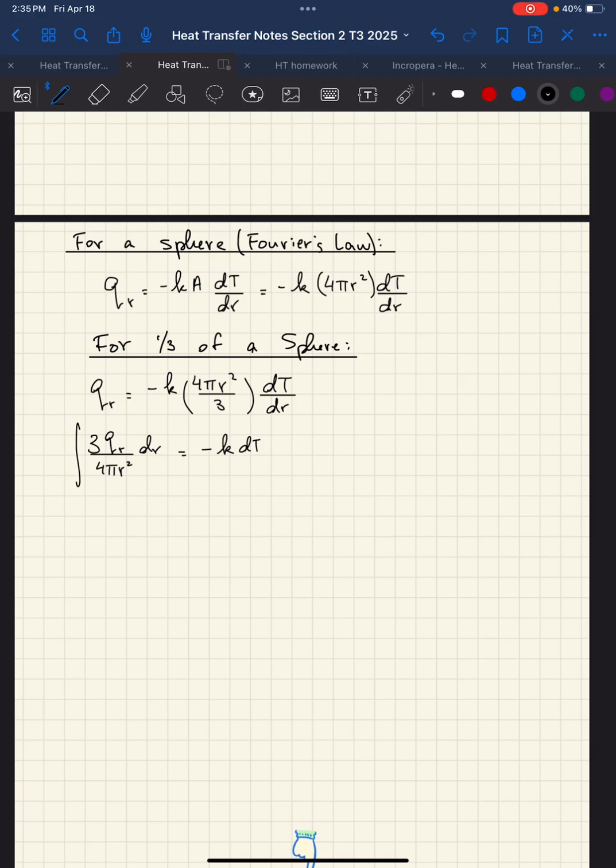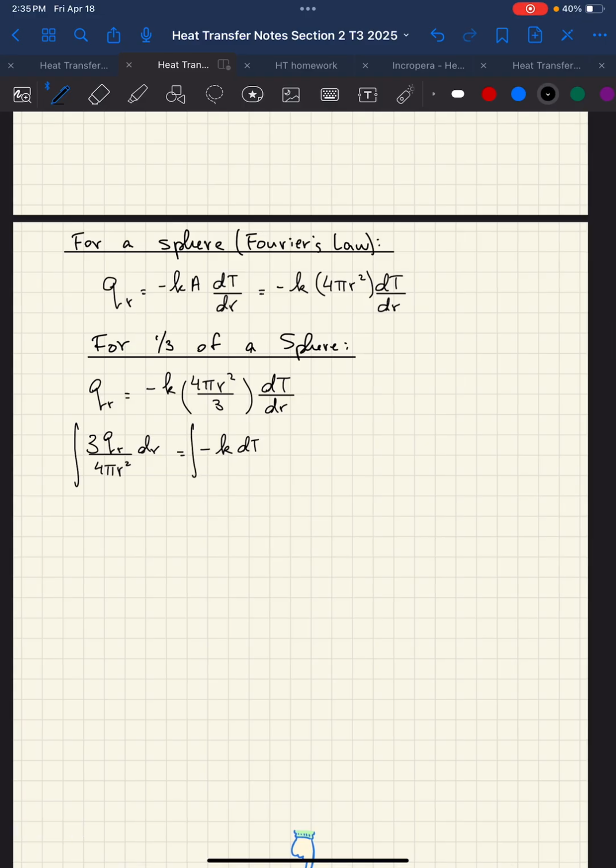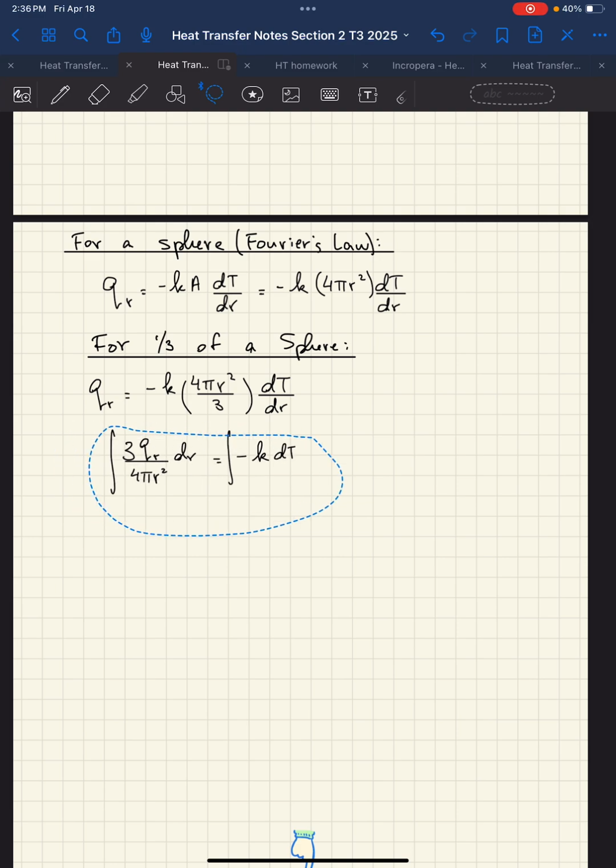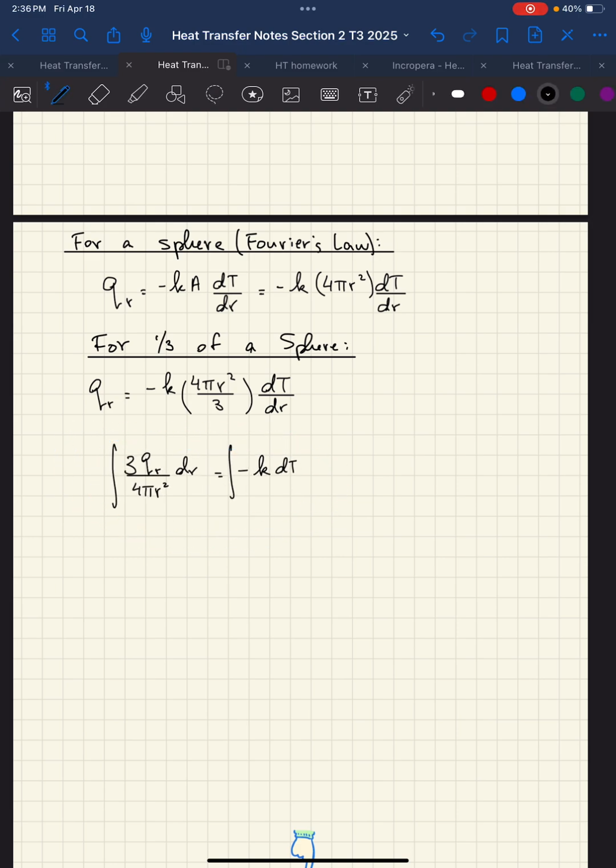And then we're going to integrate both sides. All right. So we're going to just integrate between two random radii, from R1, let's say, to R2. We're going to just assume a typical, general sphere.